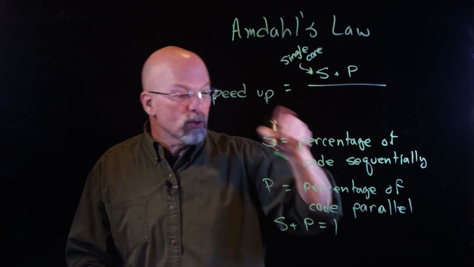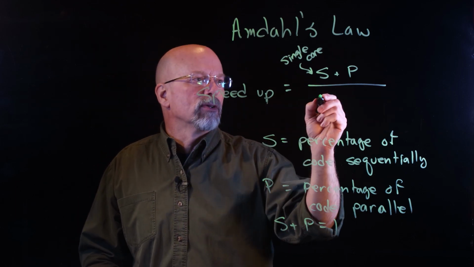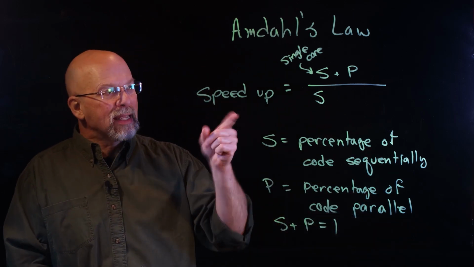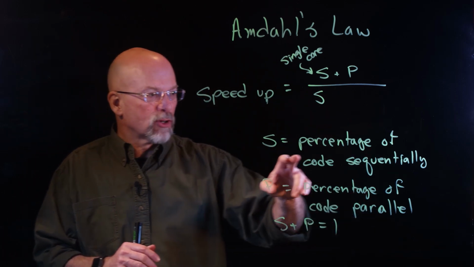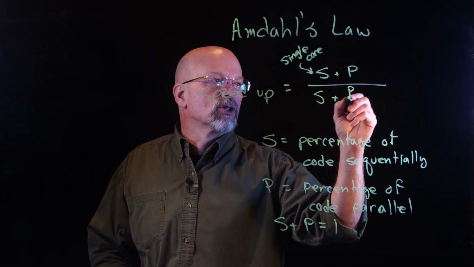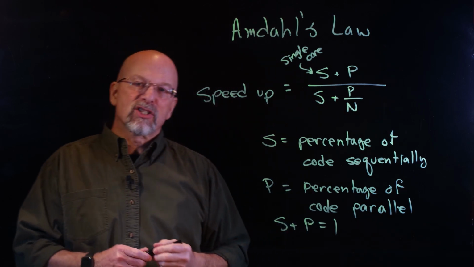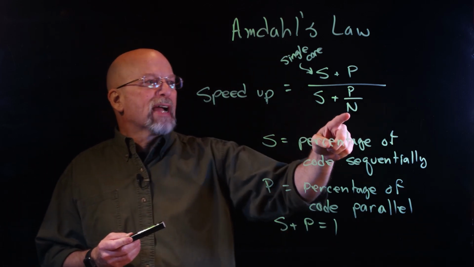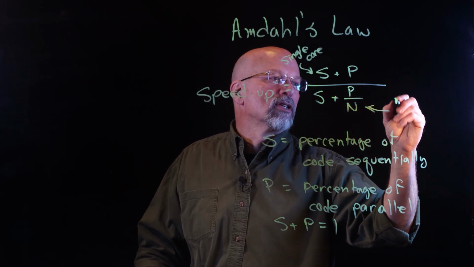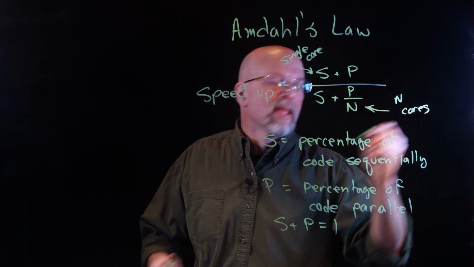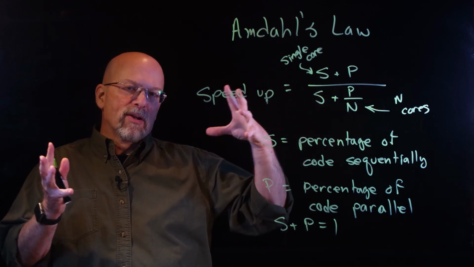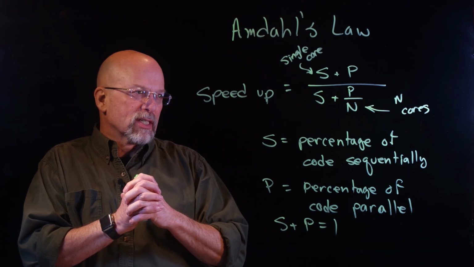Well, if we use the same variables, you've got S. Regardless of how many processors you've got, it's still going to take one processor to do the sequential code. But the parallel portion of the code can be executed much quicker. If I've got N processors, N cores, executing the parallel code, then the time it takes to execute that parallel code shrinks down and shrinks down.